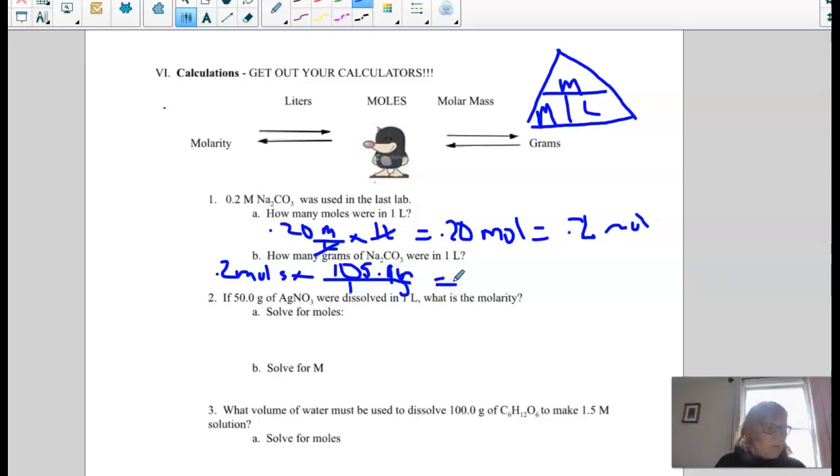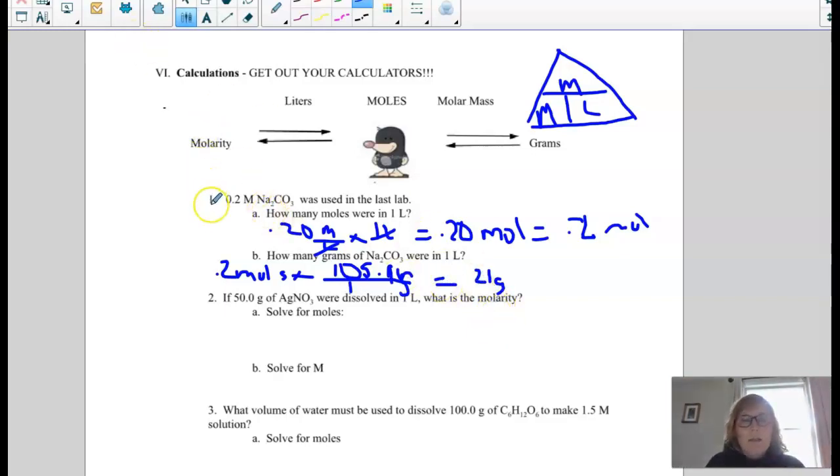So 0.2 times 105.96 will give me approximately 21 grams. Because of sig figs, you would probably round to 20, but honestly, if you're in the lab, you would just do 21 grams. That's how much you would weigh out.